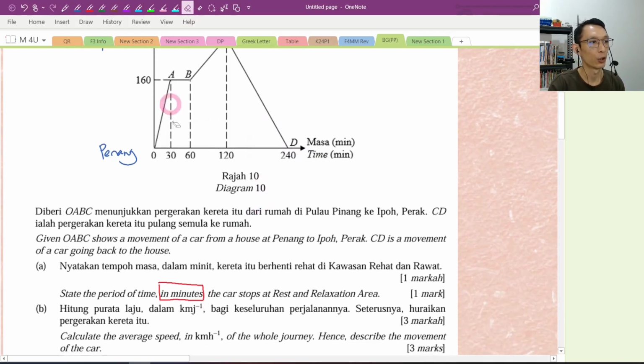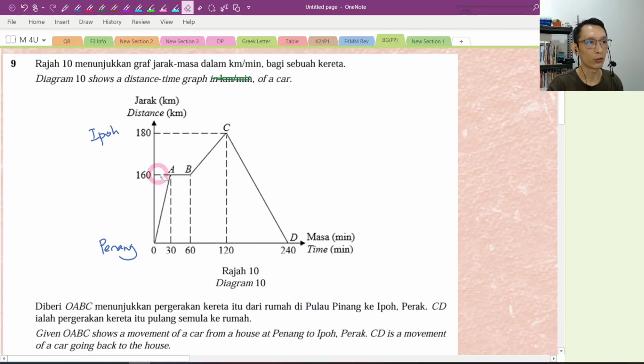For part A, we want to state the period of time in minutes the car stop at rest and relaxation area. So when you look at the graph here, you know that we want to find the period of time for that part, right? Because you will notice that when the time 30 until 60, the time passes, but the distance of the car remain unchanged.